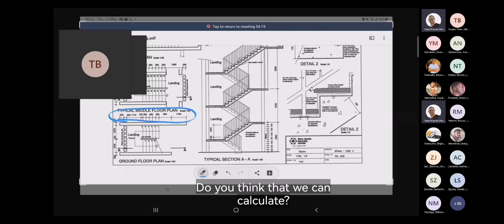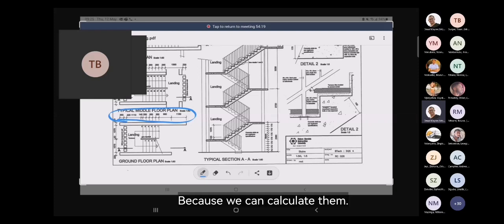Do you think that we can calculate these drawings using the dimensions that we have? I think we can. What do you feel?